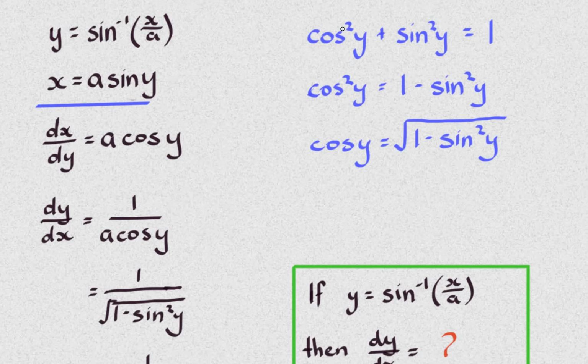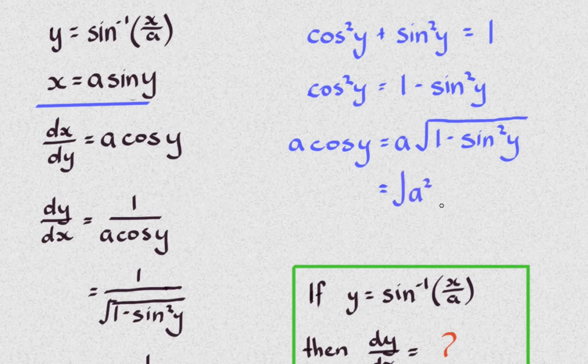Stopping here and coming across to this working out, we can once again start with the Pythagorean trig identity, just like before, and rearrange it so that we get cos y as the subject. But now we want to substitute out a cos y. So let's multiply both sides of this by a. And if we then absorb the a into this radical function underneath the square root, well, it needs to become an a squared then.